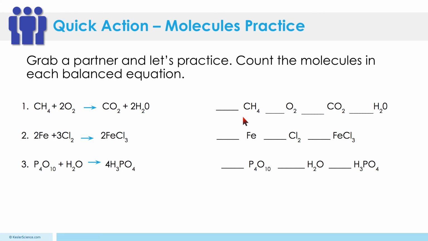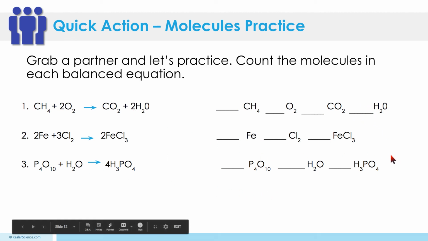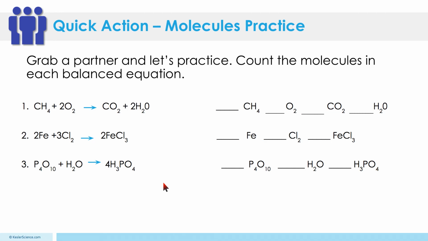Right now, what they really want you to do is count the molecules. You do that by looking at the coefficient. There's no coefficient here. How many CH4s do you see? 1. How many O2s do you see? The coefficient tells us 2. We have 1 here, and we have 2 here. Super simple, y'all. Go ahead and figure out the rest of these. Make sure you can identify that.